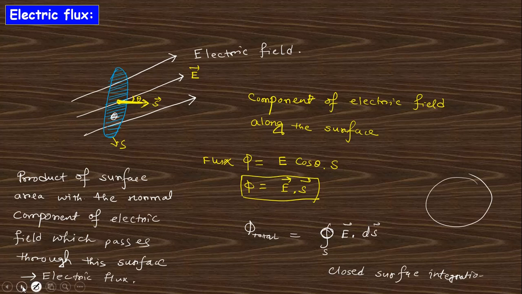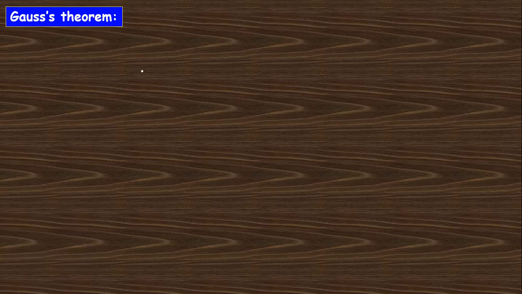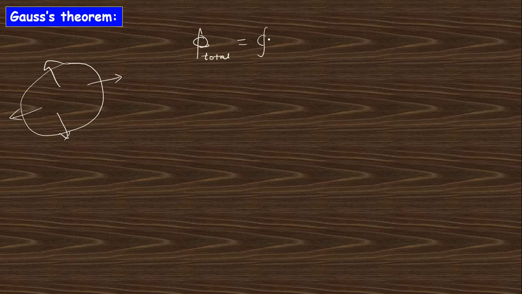If you understand these things, we can talk about the Gauss theorem. Gauss theorem says that for any closed surface, the total electric flux through this surface, that is the closed surface integral of E dot ds, since this is a closed surface, and this surface is also known as the Gaussian surface.